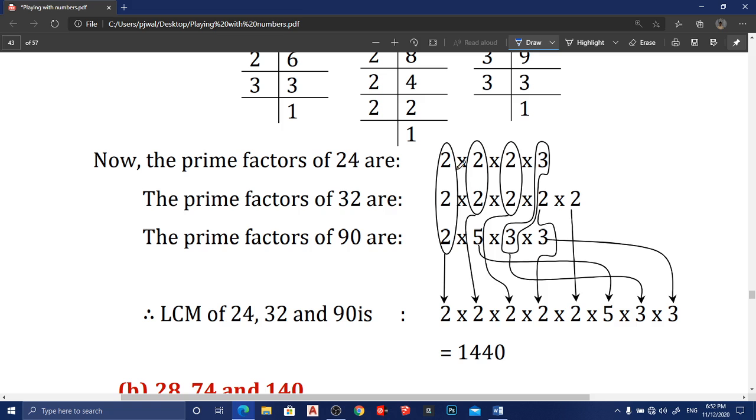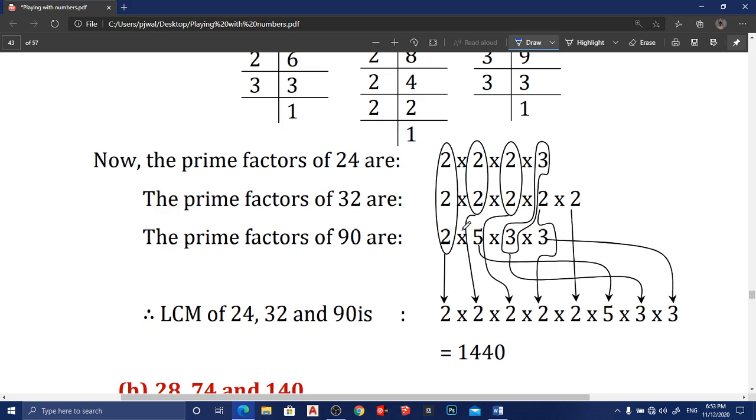So now you have to take one out of these three and one out of these two. Minimum 2 times they have to occur. If it is occurring only one time, you have to leave them and take as it is in the multiplication. If they are occurring minimum 2 times in the two numbers, you have to take them. Maximum 3 times if they are three numbers, minimum 2 times they have to occur. Then you have to take one out of them only.